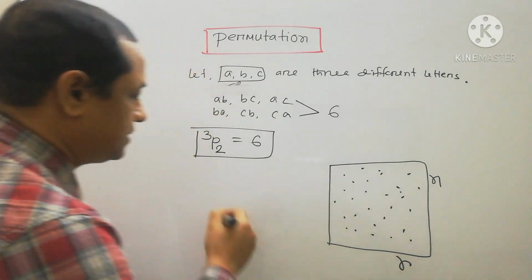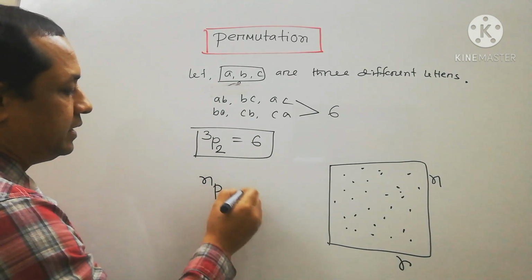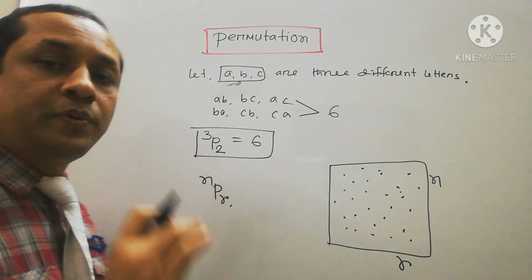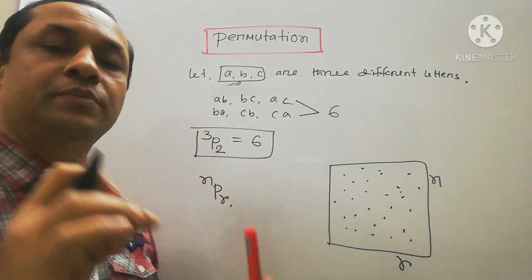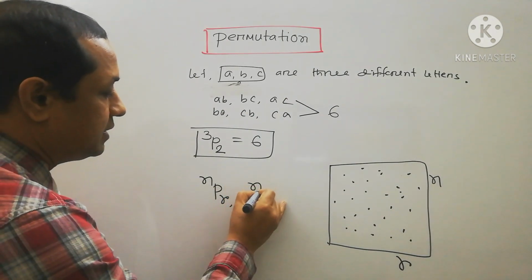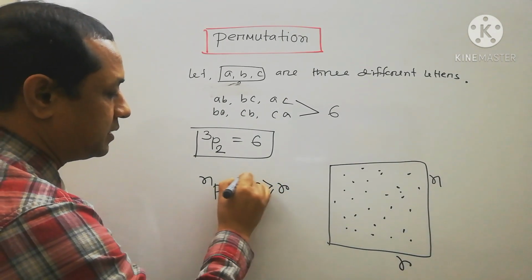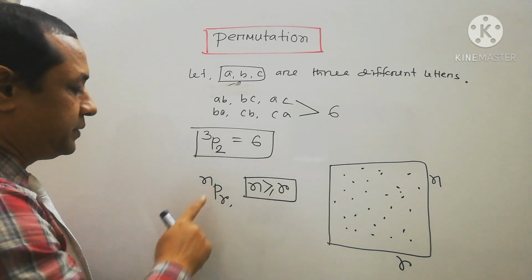Then we can write nPr. Here n and r are positive integers. Now we have n greater than or equal to r. The value of n is greater than or equal to r.